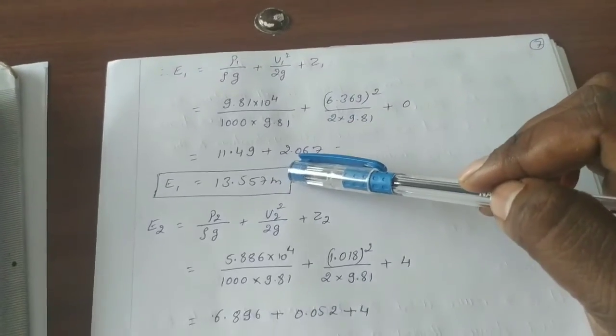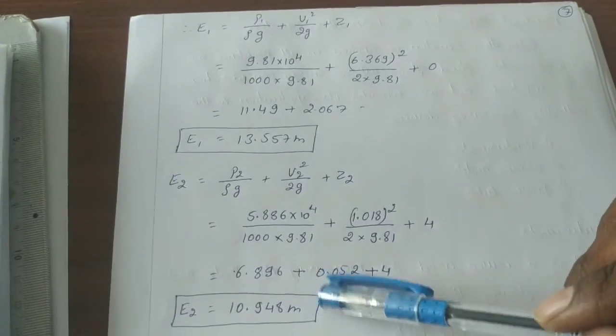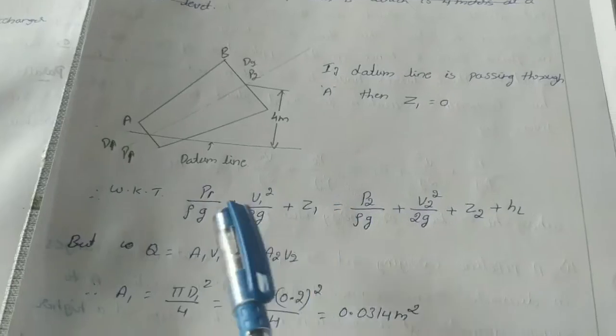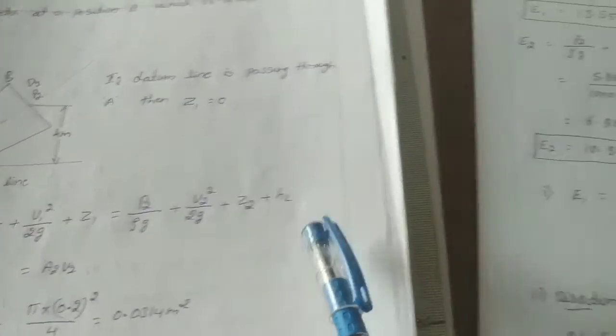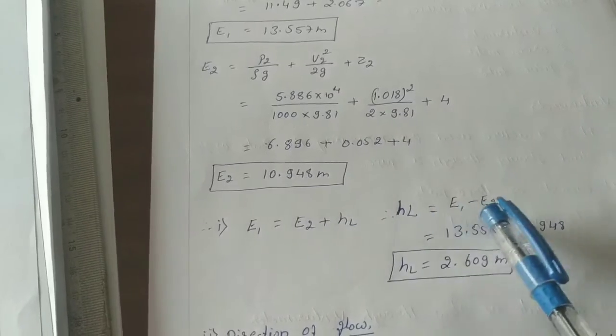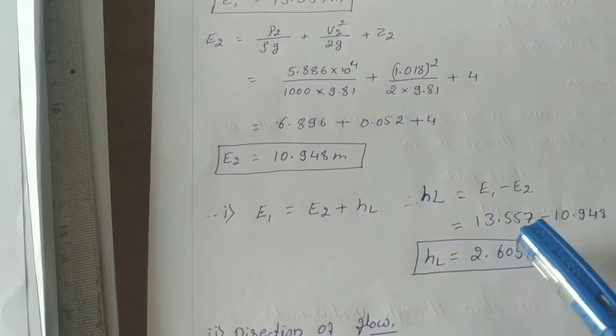After simplifying, we get this value. Similarly, substitute the values at point 2 to get the E2 value. So in the Bernoulli's equation, E1 is equal to E2 plus HL, so HL is equal to E1 minus E2. This is the head loss for the problem.